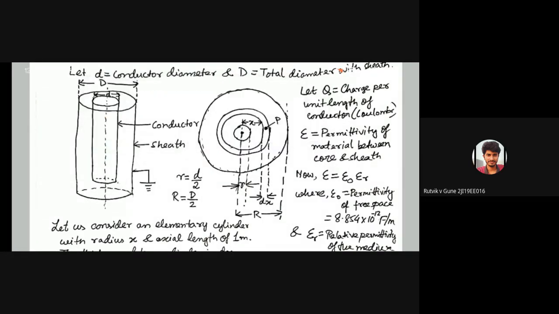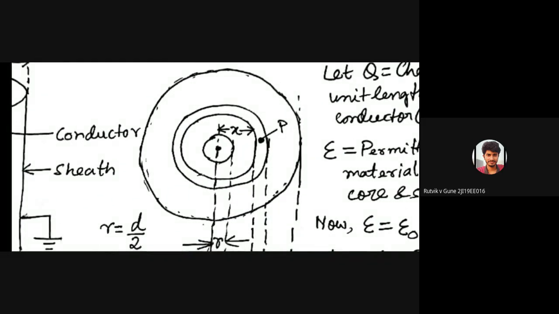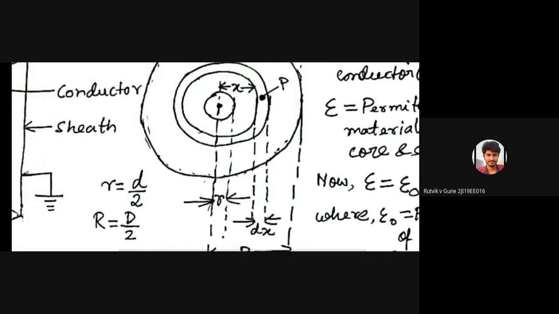Our main concern is to find the capacitance at a certain random point P. If we are asked to find it at that point P, we will take that point P as having a small elementary length dx. Although it is a very small point, it has a certain diameter, so we are taking it as a length of dx.